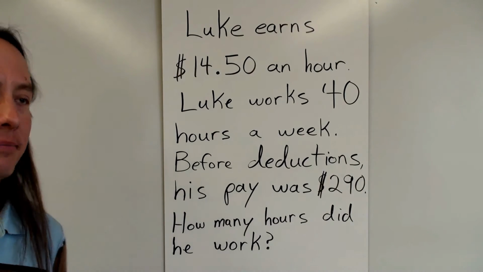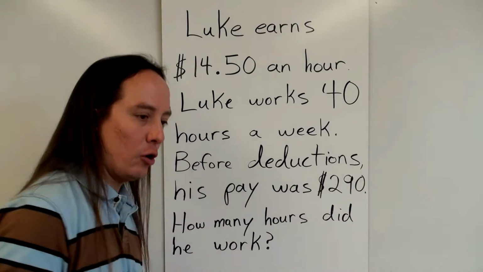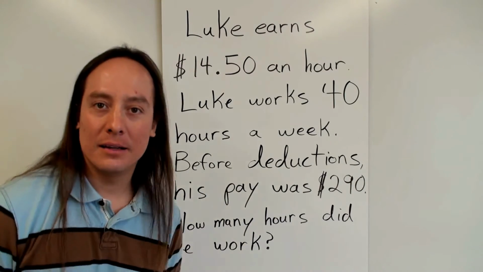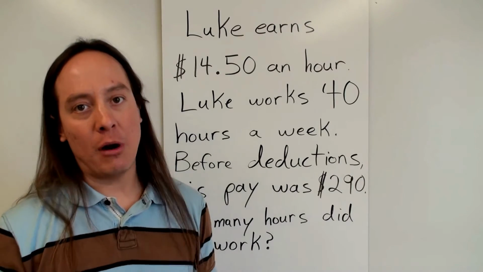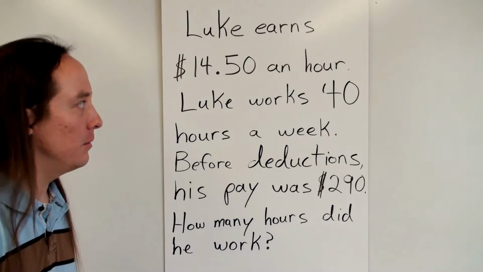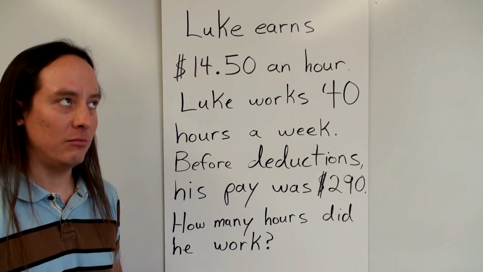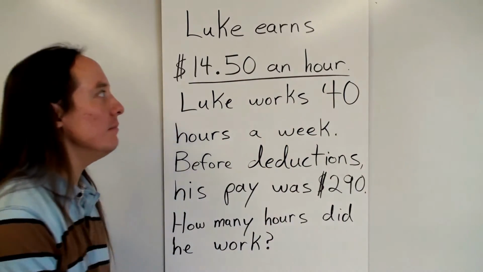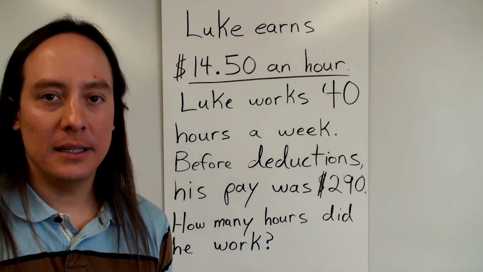No, maybe not. Or maybe I can ask you, do you see the first complete ratio? In a proportion problem, there's always going to be at least one complete ratio. Okay, so can you see it? It's this one. It's $14.50 an hour.